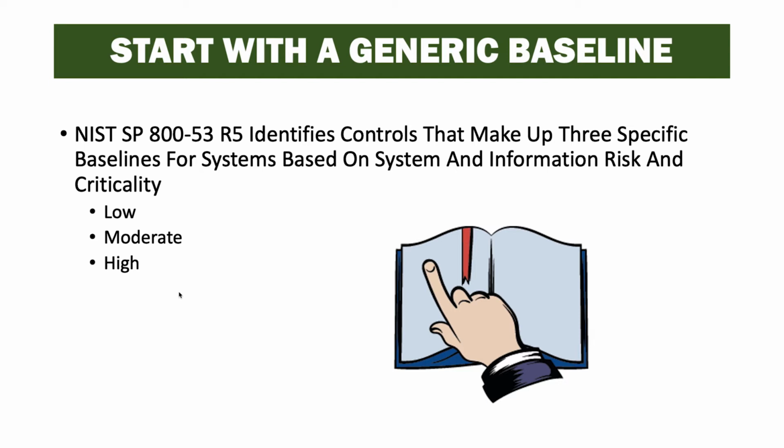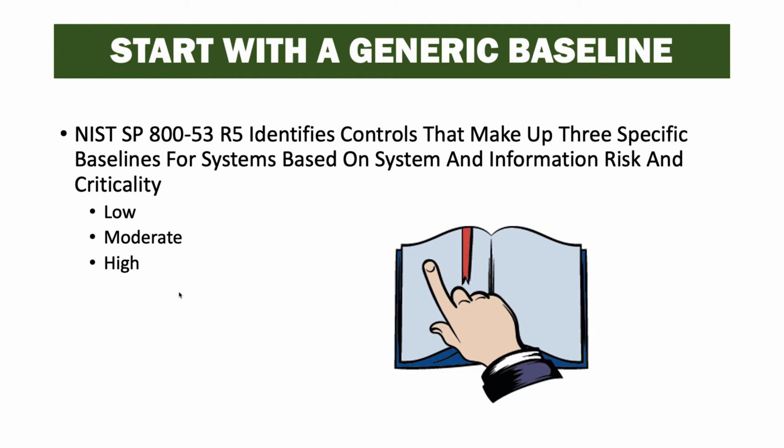Now I know when we go into talking about the Department of Defense, or we talk about the intelligence community, they have a different method for developing baselines that uses the 3 security objectives. So you'll have an individual classification for confidentiality, integrity, and availability.